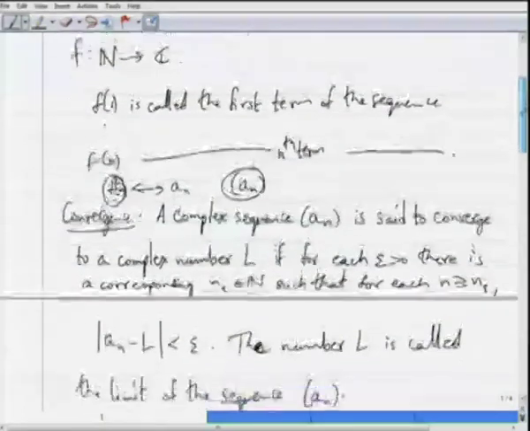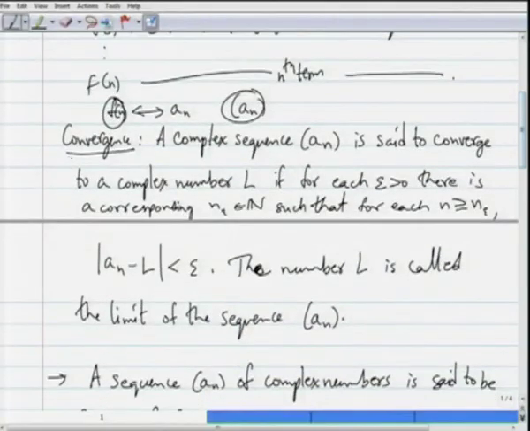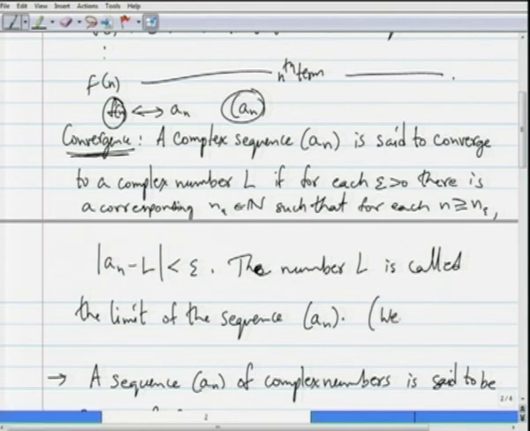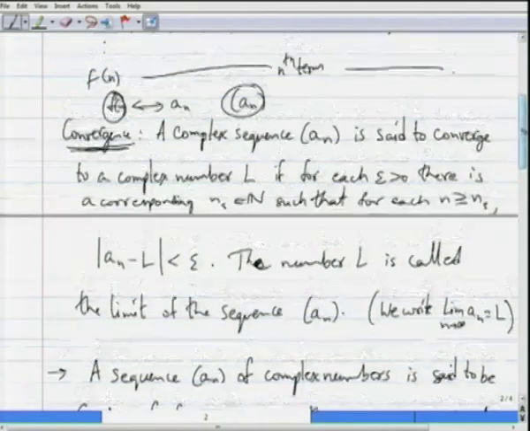So, notice the definition for convergence. In this case, we normally write the limit as n goes to infinity of a n is equal to L, this complex number L. So, that is the notation like in the case of real sequences.